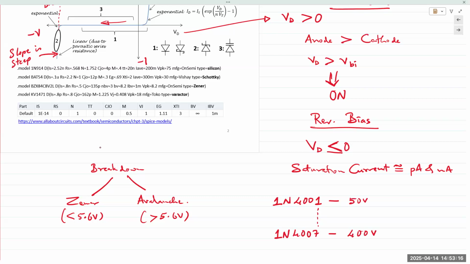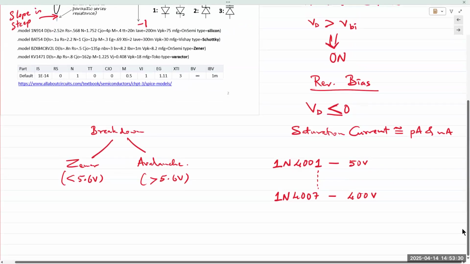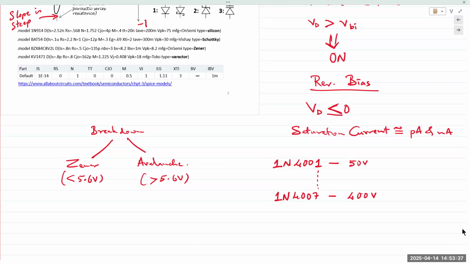You could potentially stick this diode into the wall outlets and it'd be fine. You could use it as an AC to DC rectifier. But obviously we don't want to do that. Not directly. So these diodes can handle large amounts of voltage in reverse bias.